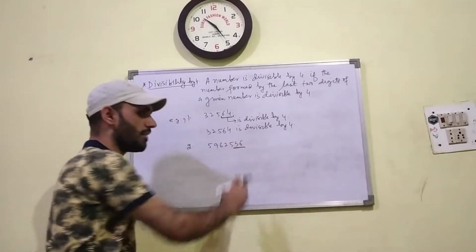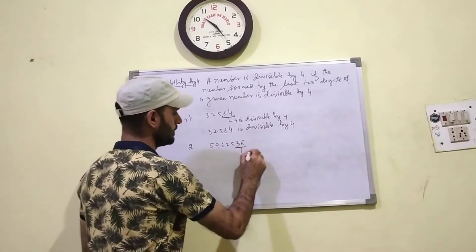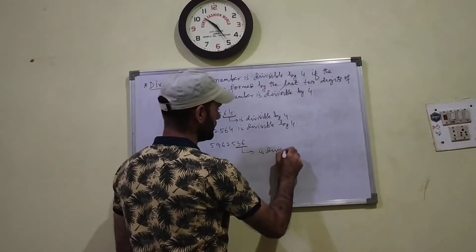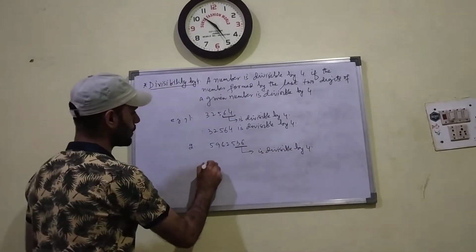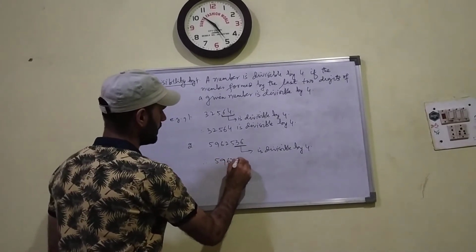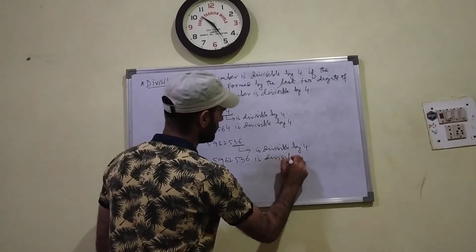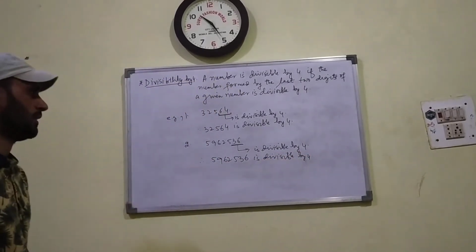Is 36 divisible by 4? Yes, it is divisible by 4. Therefore, the given number is divisible by 4.